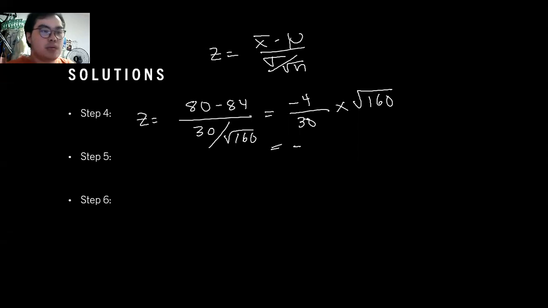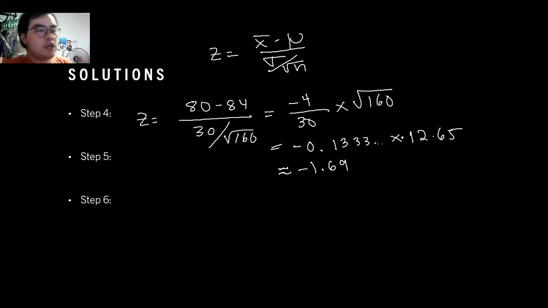So dividing, it will become negative 0.1333 times, okay, so we're going to find the square root of 160, so it will become 12.65. So I had rounded off to 2 decimal places. So multiplying, I have decided to approximate this to negative 1.69. Okay, so this is the z value that is approximated.